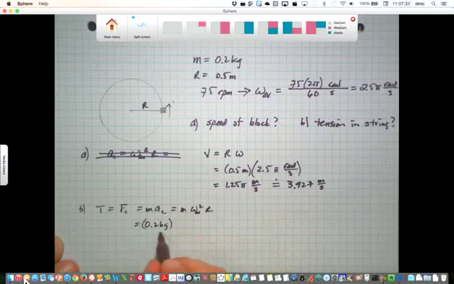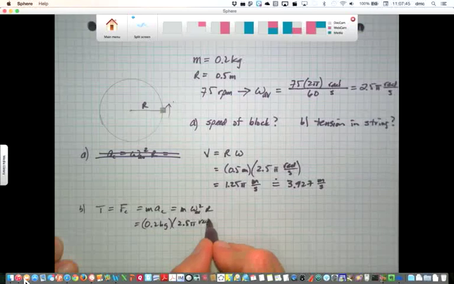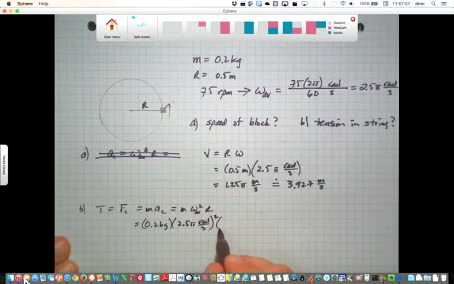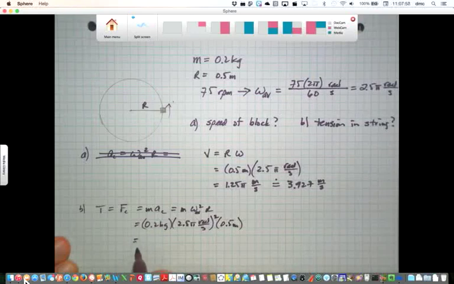So I've got my 0.2 kilograms, multiply it by, omega is 2.5 pi radians per second. I'll square that, and then we're going to multiply that by the radius, which is 0.5 meters. And this gives us 0.625 pi squared newtons.